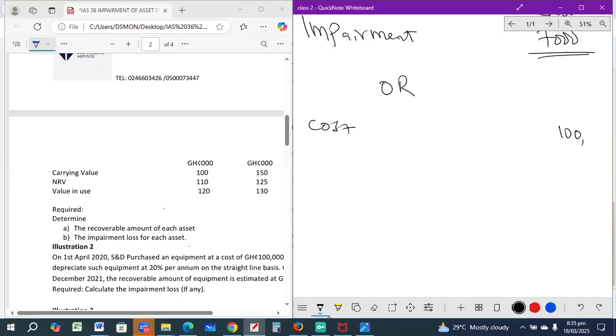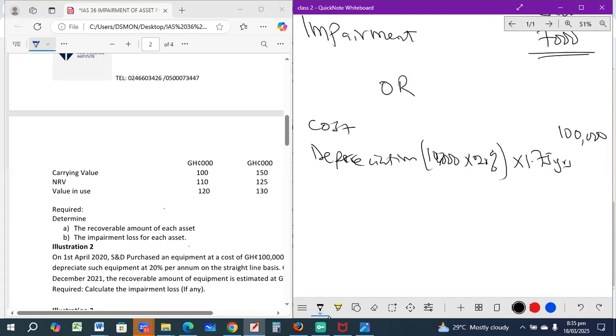So we want to determine the carrying amount as at that date. Then we said that we are going to charge the depreciation, and this depreciation should be the accumulated depreciation. That will be 100,000 times 20% times what? 1.75 years.